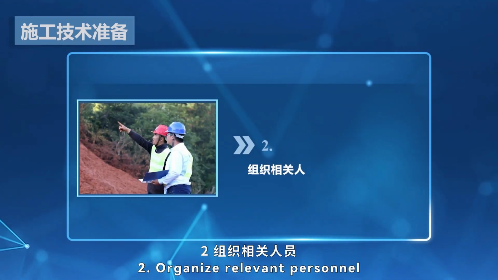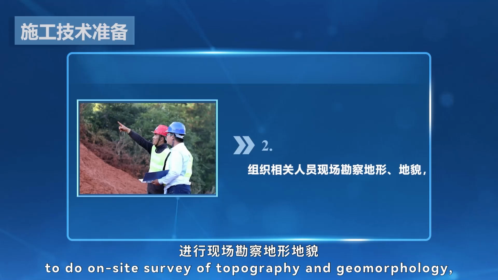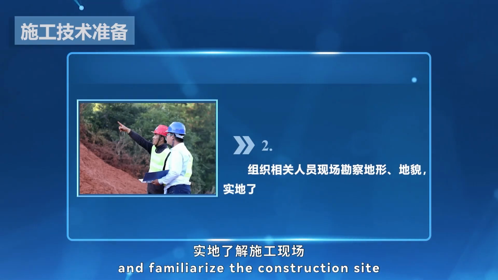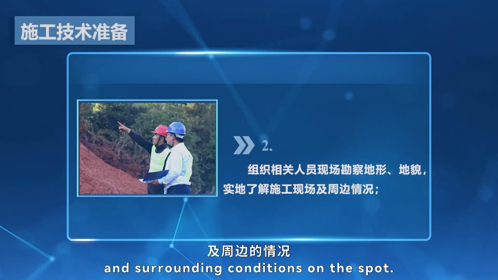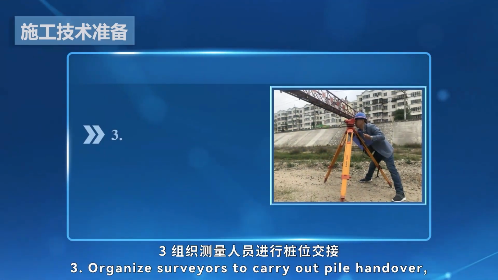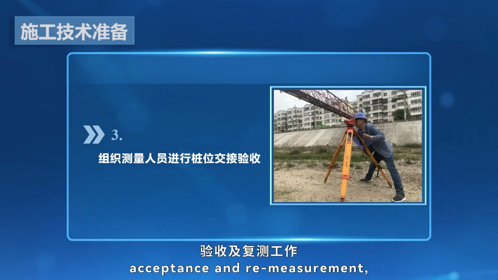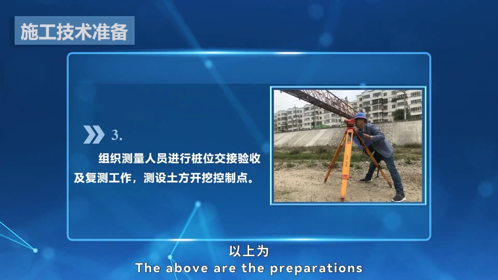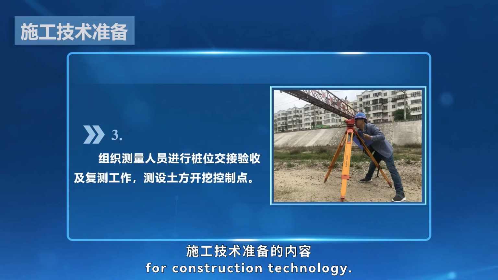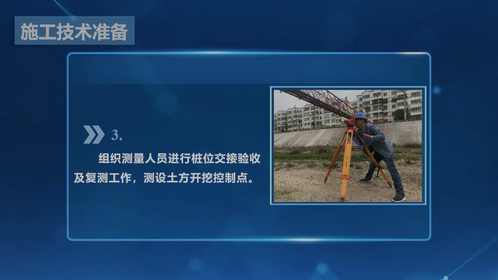Organize relevant personnel to do on-site survey of topography and geomorphology, and familiarize the construction site and the surrounding conditions on the spot. 3. Organize surveyors to carry out pile handover, acceptance, and remeasurement, and measure and set earthwork excavation control points. The above are the preparations for construction technology.